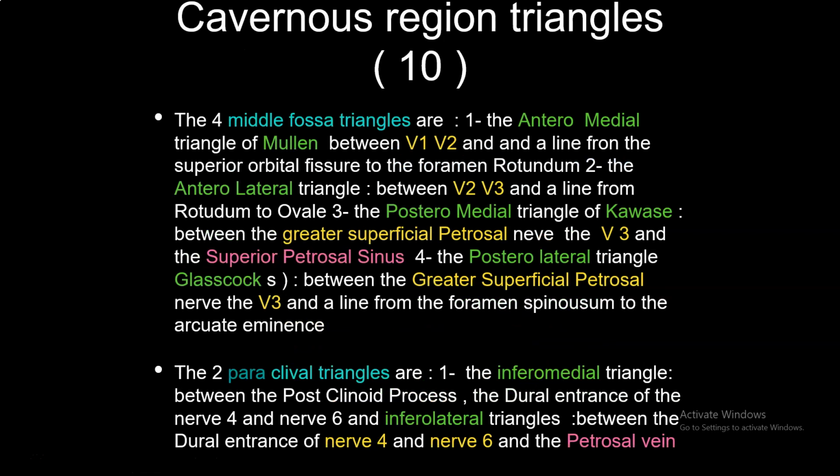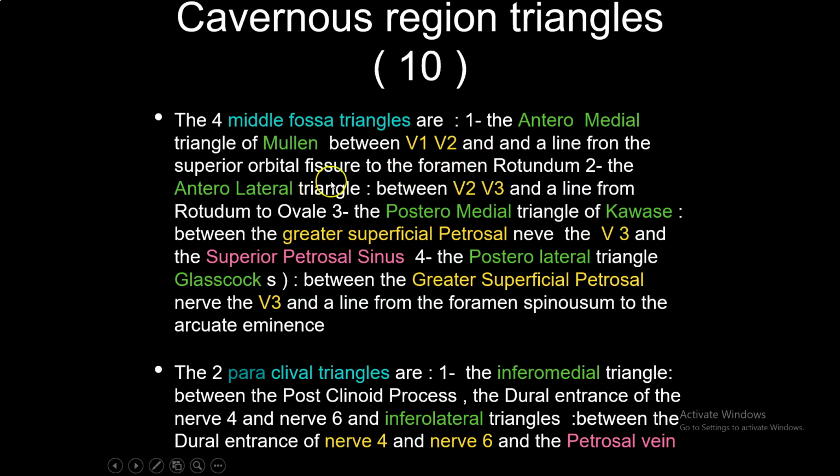The 4 middle fossa triangles: the anteromedial triangle, another anteromedial triangle, yes. You can call the other one clinoidal, and this is the anteromedial of Mullan, the other of Dolenc. If you call it anteromedial triangle of Dolenc, this is the anteromedial triangle of Mullan. Or you call the other one clinoidal, and this is the anteromedial triangle between V1 and V2, and a line between the superior orbital fissure and the foramen rotundum, as you will see.